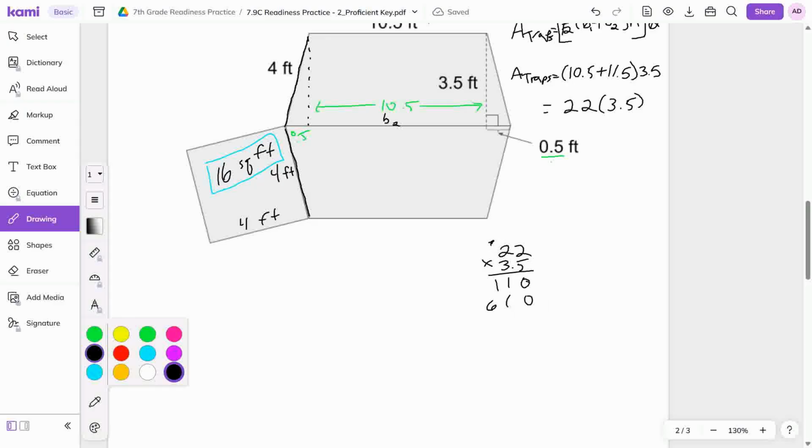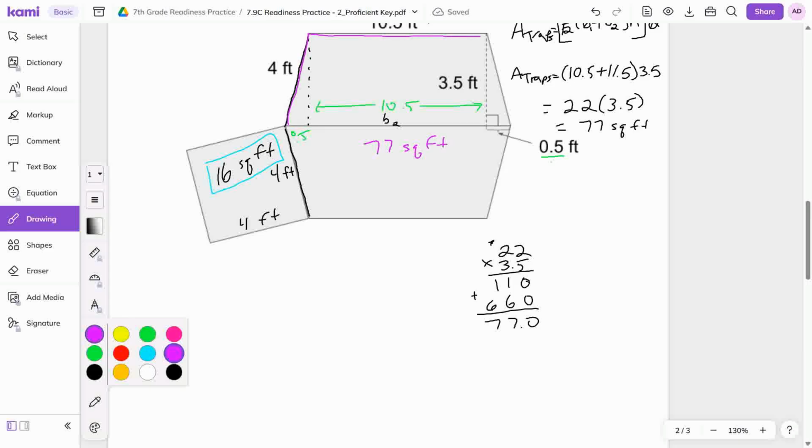And I've got 66, 77 with a decimal, so just 77. All right. So my area of my trapezoids is going to be 77. And these are also square feet. So I'm going to put that right here: 77 square feet. And that's for both of these.